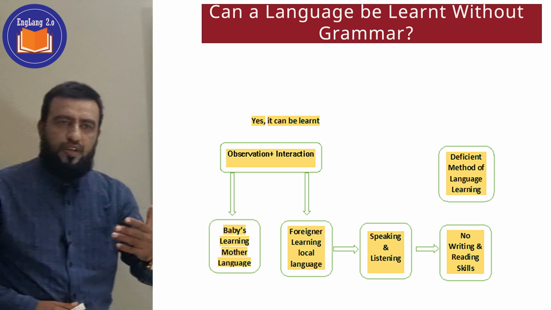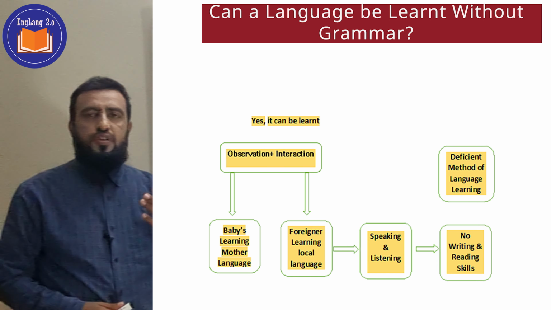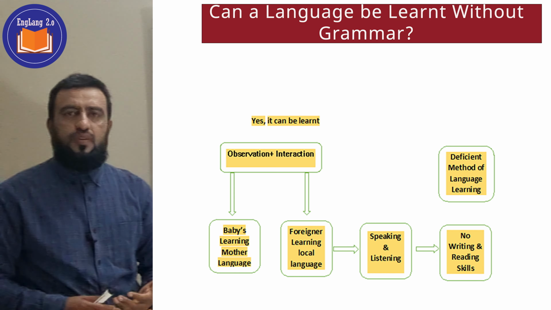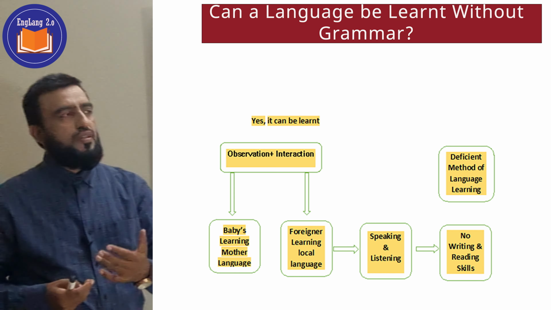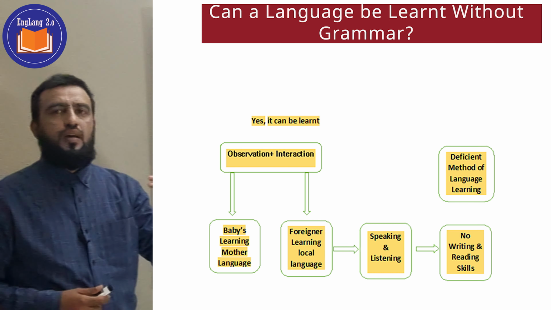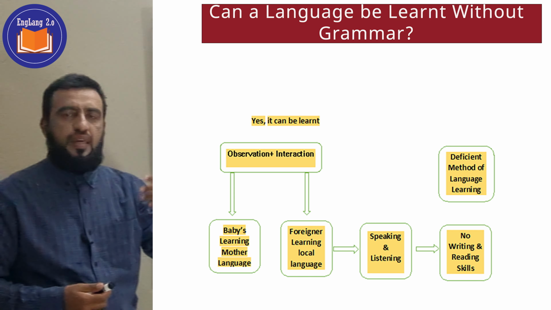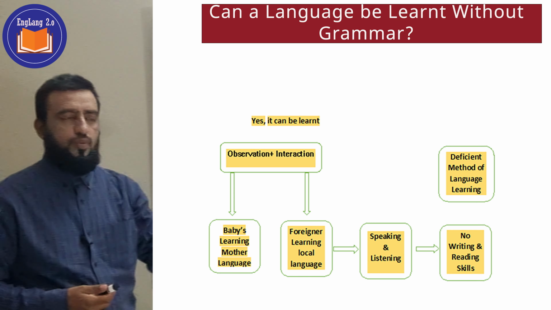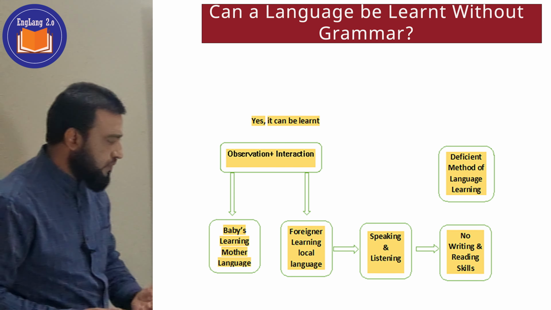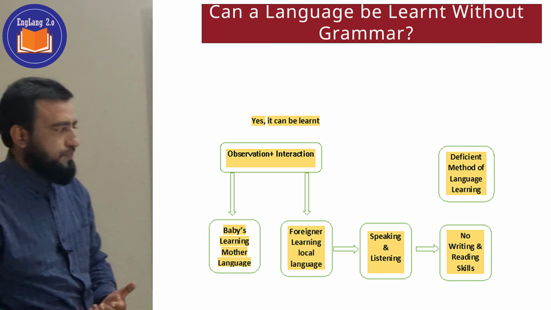And by interacting with the people, by interaction I mean the purpose for which he is abroad, and he might have some necessities of life. For example, if he goes to a shopkeeper, he would interact in their native language. He would try to learn the names of things and the names of commodities in the English language. So by interaction, he learns the language, right? So he can learn that language without a grammar.